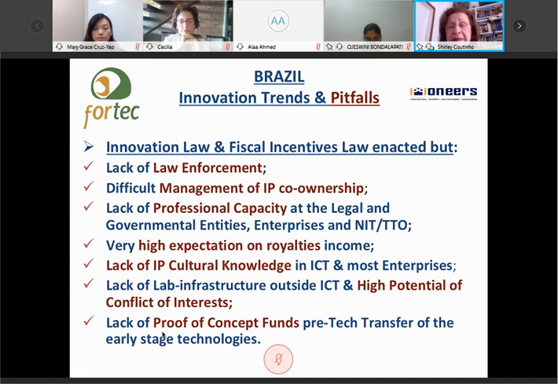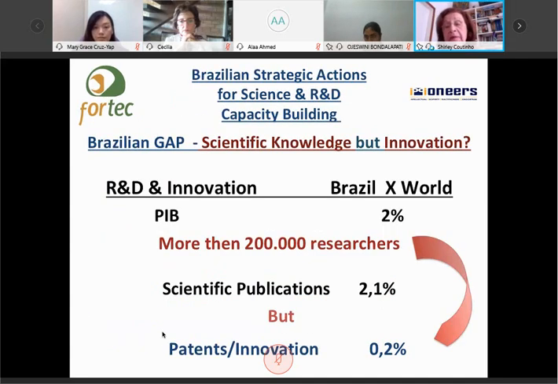There is a very high expectation of royalty revenue, and a lack of IP culture, where the professor doesn't count accumulated knowledge as a value in the negotiations. I will show this afterwards. And the infrastructure outside the university doesn't have labs for new entrepreneurs, and there is a lack of proof of concept and prototypes.